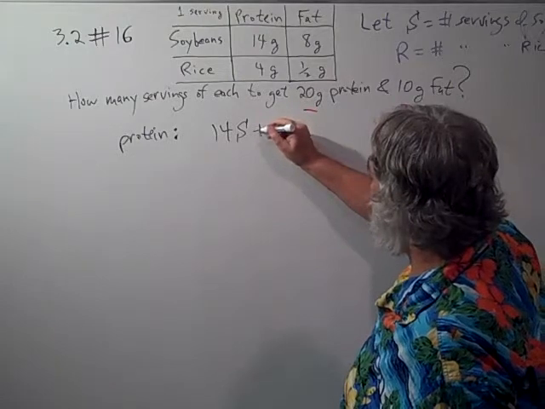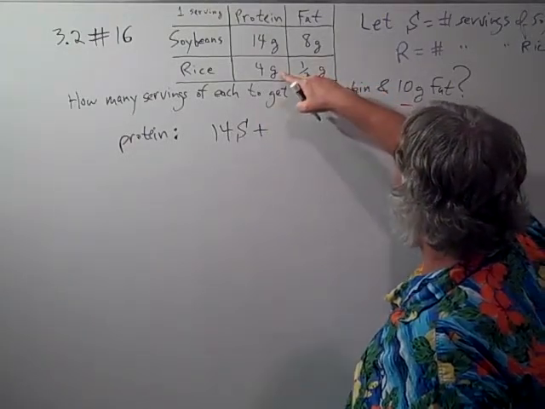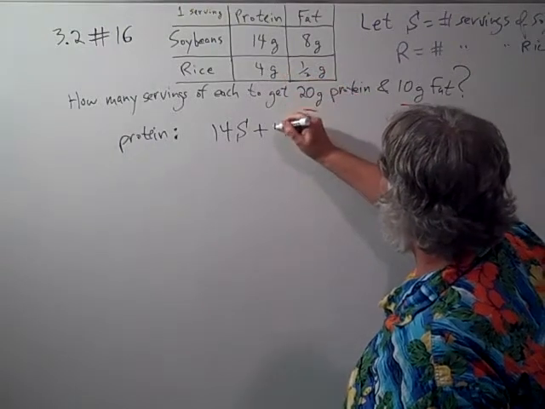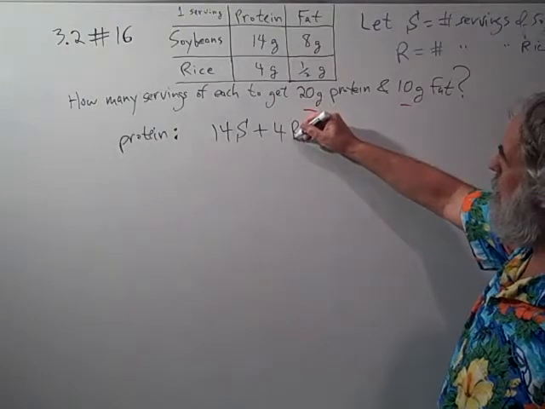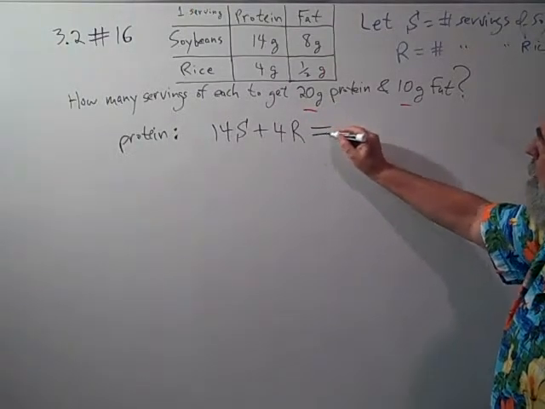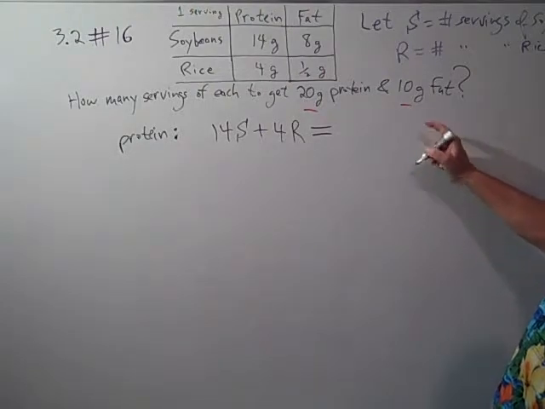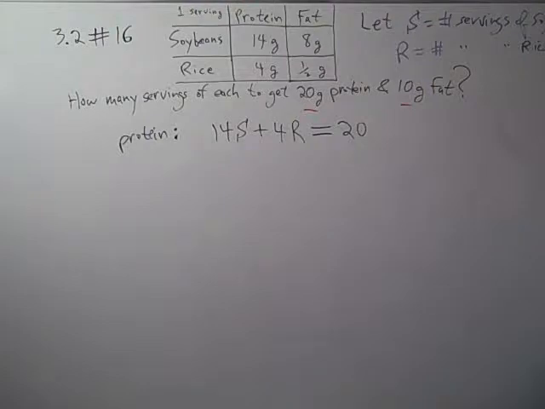Then we'll also have some protein from the rice, and it's 4 grams of protein per serving of rice, so it's 4 per serving times the number of servings, and that's how much protein you get from eating R servings of rice. The total amount of protein that we want is 20 grams, so this has to add up to 20. That's our first equation.